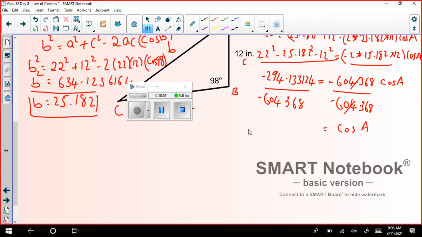You have to once again keep all the decimals, or you can directly do the cos inverse. I'm keeping all the decimals as they are.